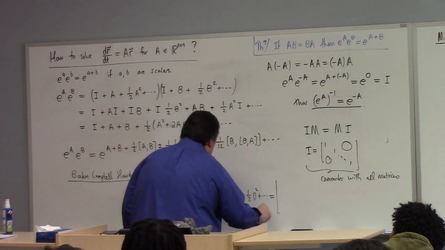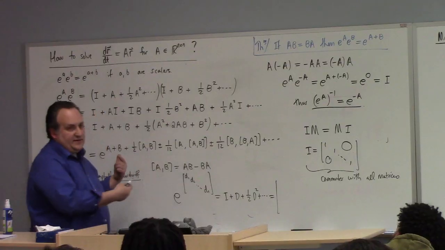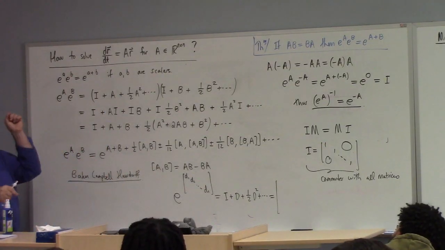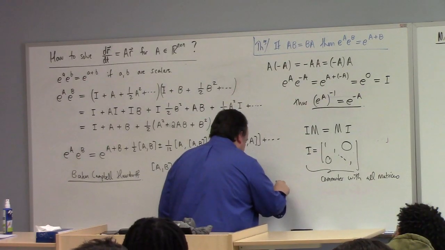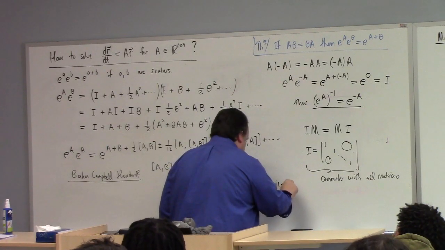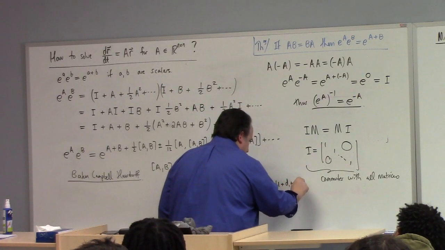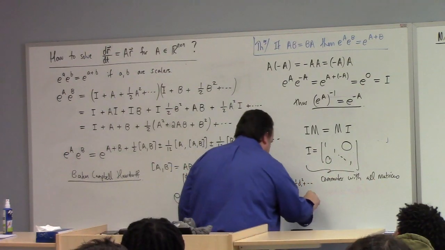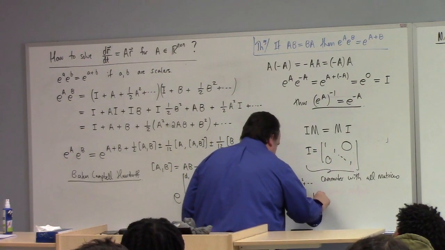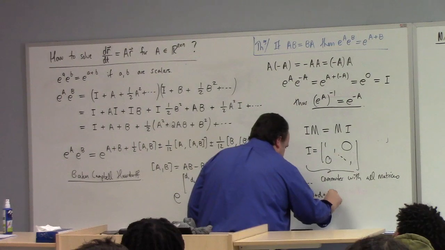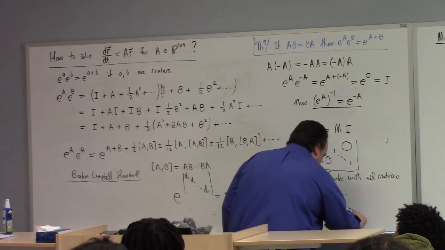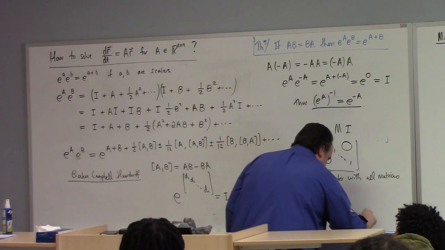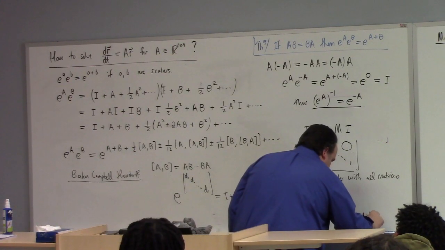And if you square a diagonal matrix, all you do is square the diagonal entries. So when you work this out, you get 1 plus d1 plus 1/2 d1 squared plus dot dot dot, and then 1 plus d2 plus 1/2 d2 squared plus dot dot dot. And this goes on, 1 plus dn plus 1/2 dn squared plus dot dot dot.